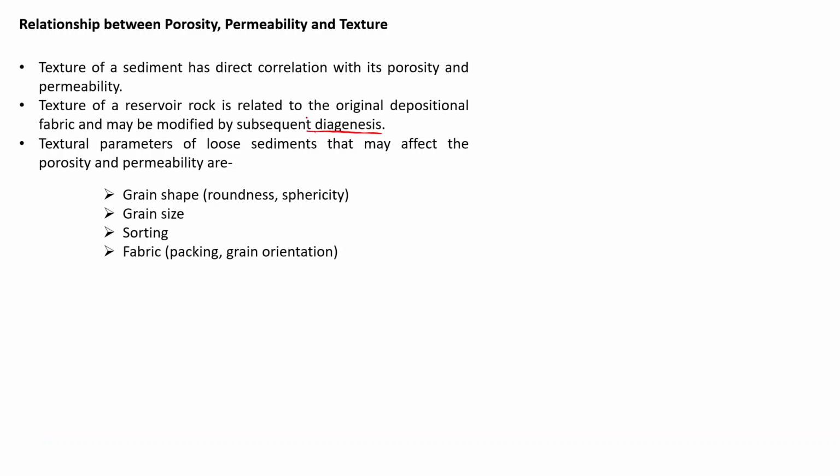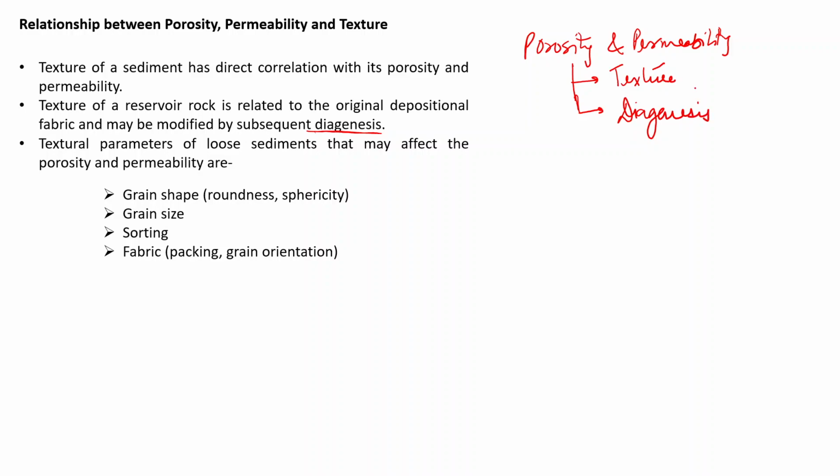So we can see here that porosity and permeability are dependent to a large extent on the texture of the rock, but at the same time they may be modified by diagenesis.